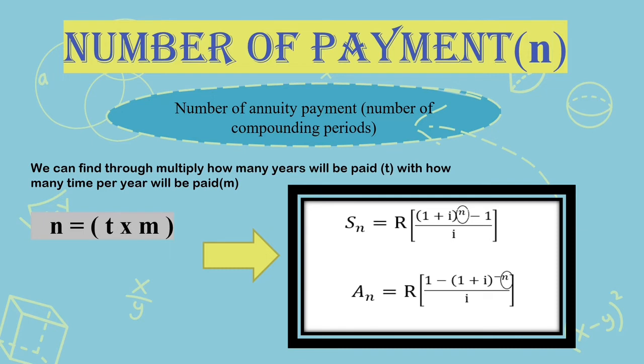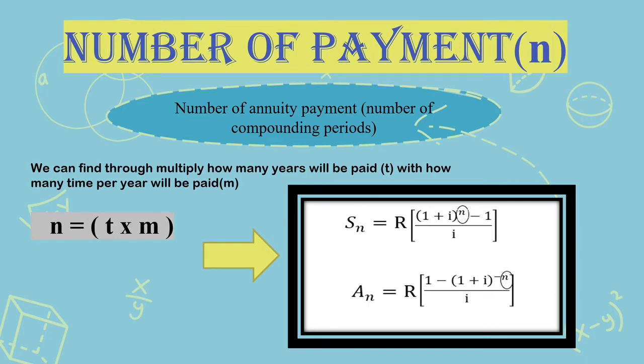On the right slide, you can see the formula. If there is a question on how to find R, it will be explained at the next slide. How to find I is the interest rate, which will be given in the question, and the interest rate will be divided by the interest period.